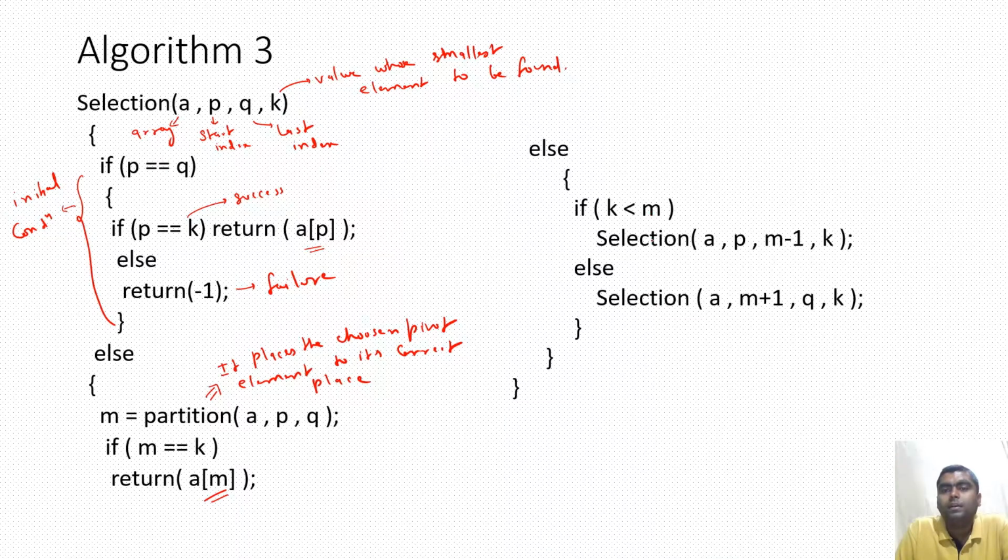So if k is less than m, then selection from A of p to m minus 1, searching in the left for k. Otherwise selection from A of m plus 1 to q for k, because m is at the correct place.